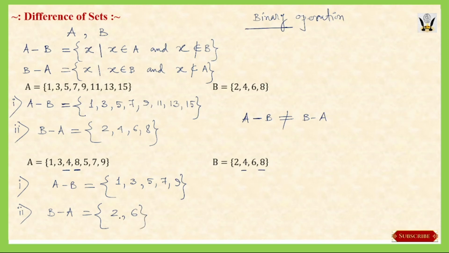So B minus A has 2 elements, and A minus B has 5 elements. Again we can conclude that A minus B is not equal to B minus A.